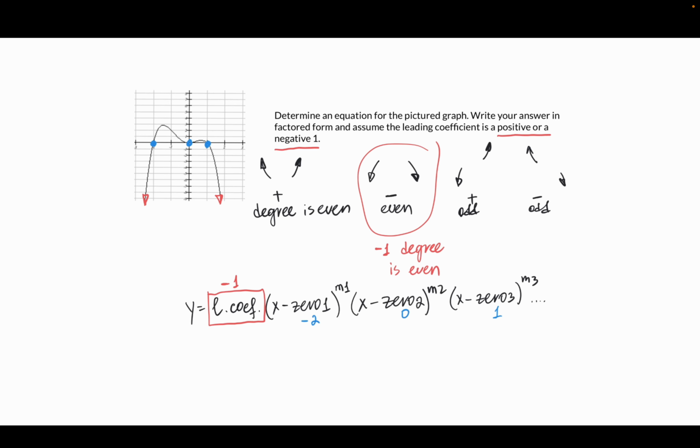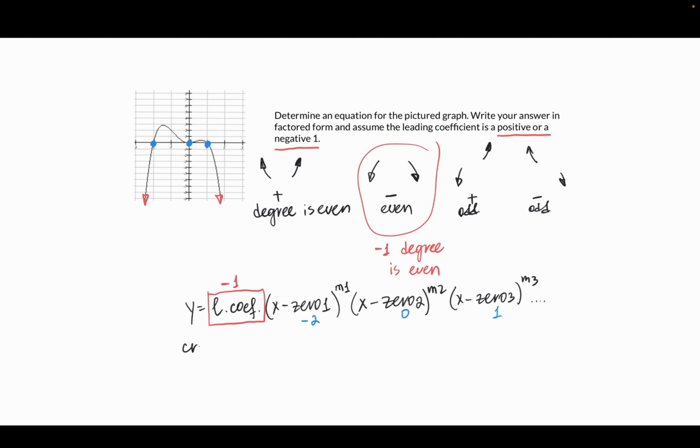The multiplicity is determined by the behavior of the graph at each zero. If the graph crosses the x-axis at a particular point that we call a zero of the function, then the multiplicity is odd.